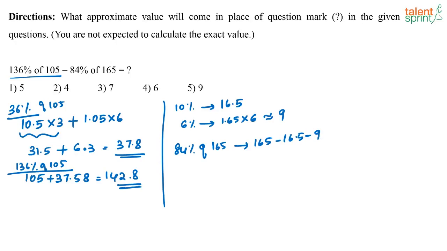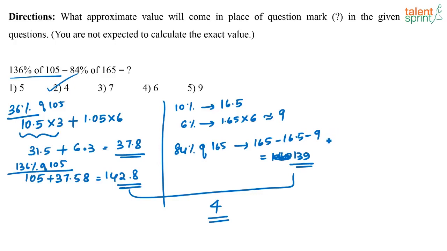Or it is approximately how much? 165 minus 25, correct? That is approximately 140, a little less than 140 it will be. Okay, so a little less than 140, let us take it as 139, so that there is no doubt. Now here what is it that you have to find out? The difference between these two. So the closest value that you will get is 4, that is option 2, correct?